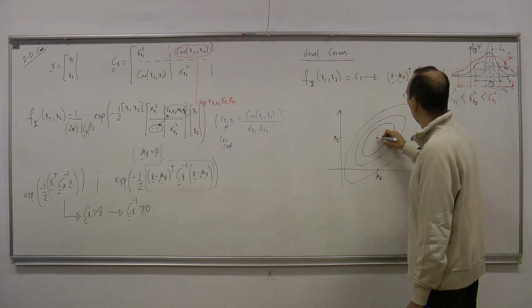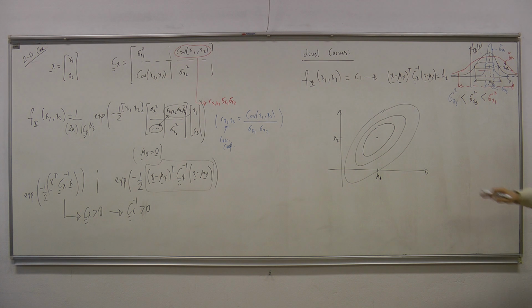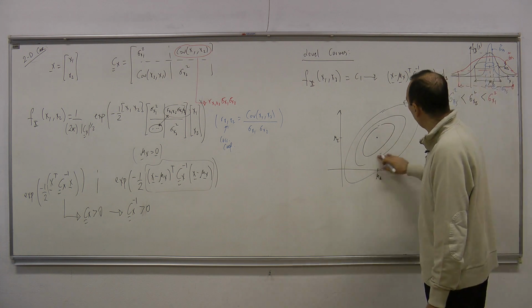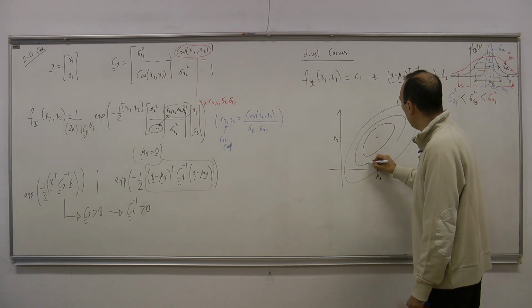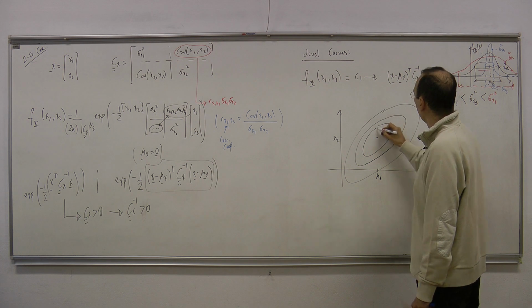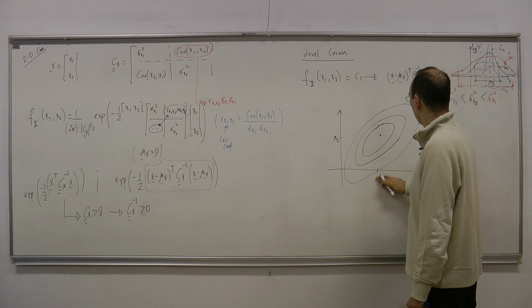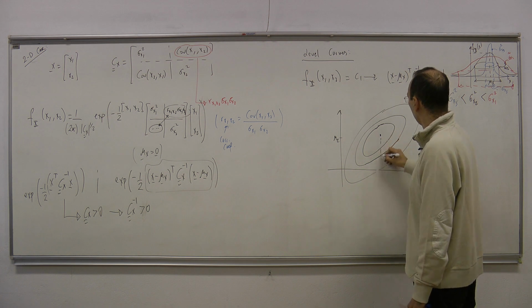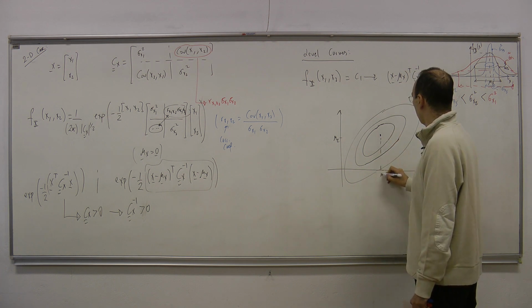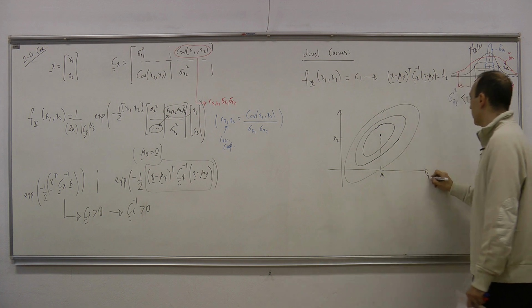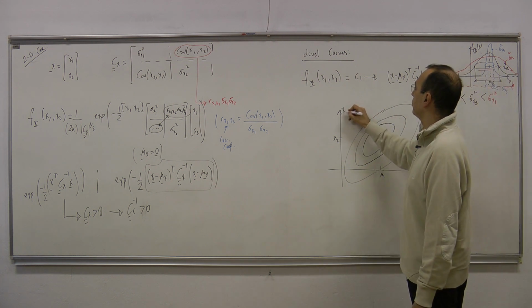We have such level curves. These are not very well drawn, but they are supposed to be some ellipse-like curves. This is x1, x2.